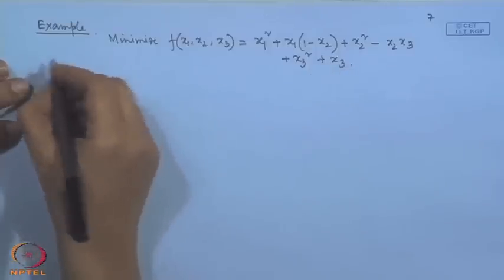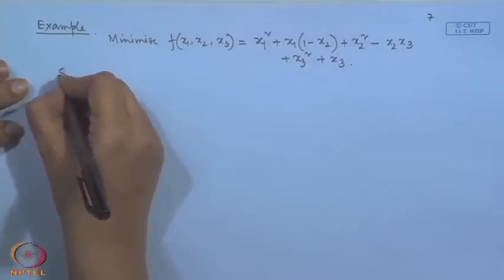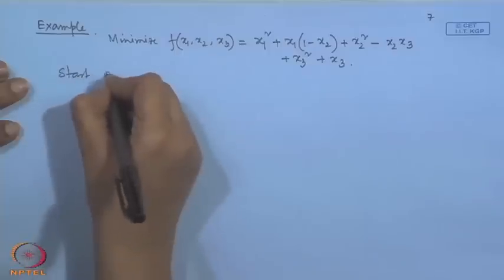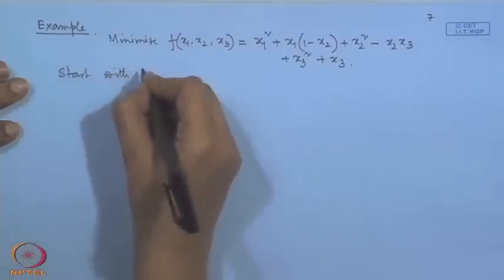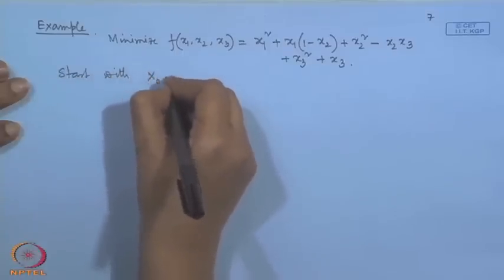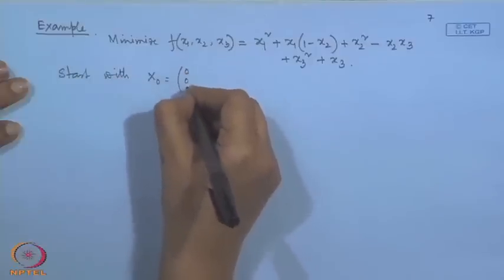Now, it is written that we start with x naught equal to 0, 0, 0.